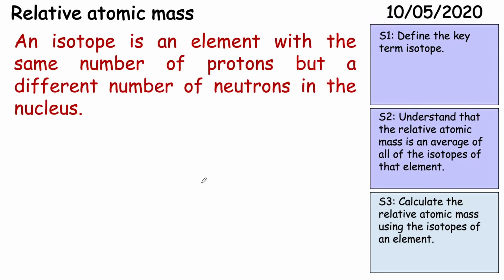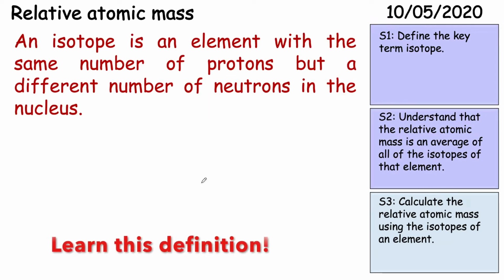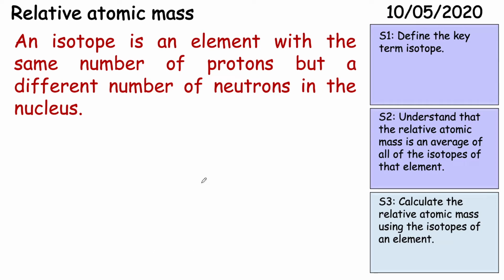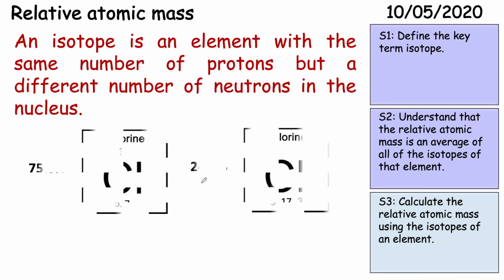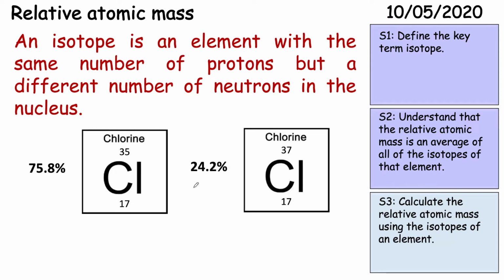Well, an isotope is an element with the same number of protons but a different number of neutrons in the nucleus. So if we look at chlorine, we'll see we've got these two isotopes. You've got chlorine 35 and chlorine 37.